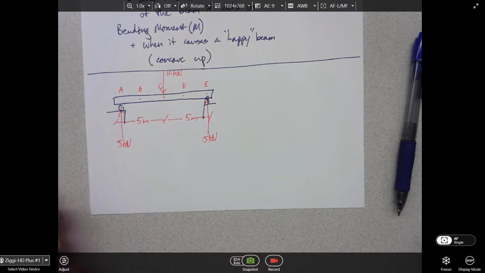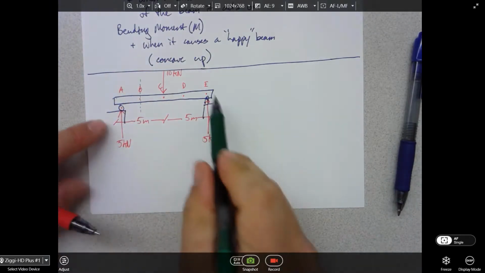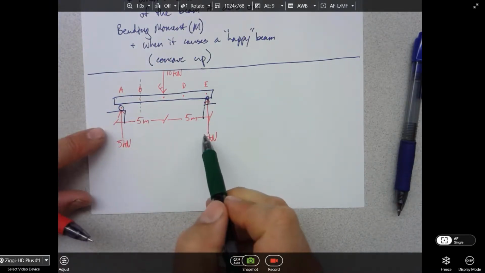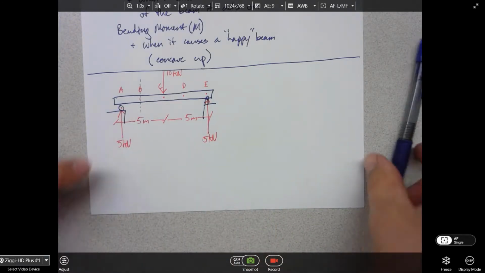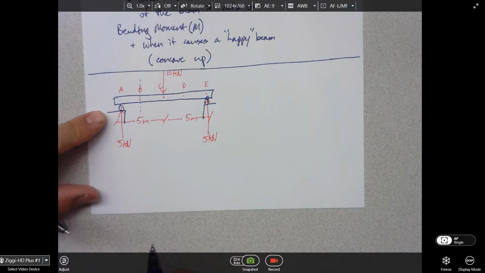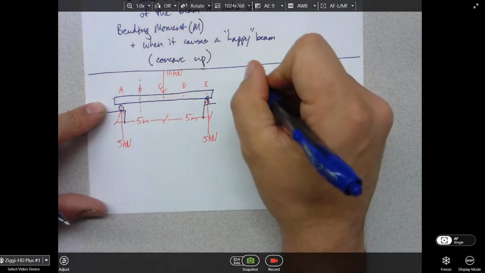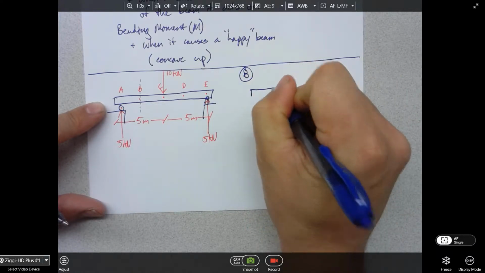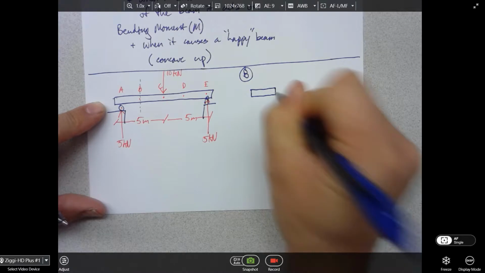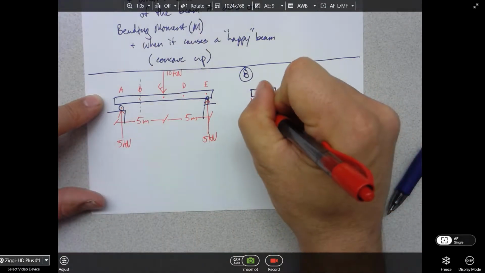So let's section this beam at B. We've solved for the reactions, always a good idea on any problem we're working on. Let's section this beam at B and figure out what the internal loading is at B. To do that, we draw the chunk of the beam we're interested in, and put the loads that are acting on it.